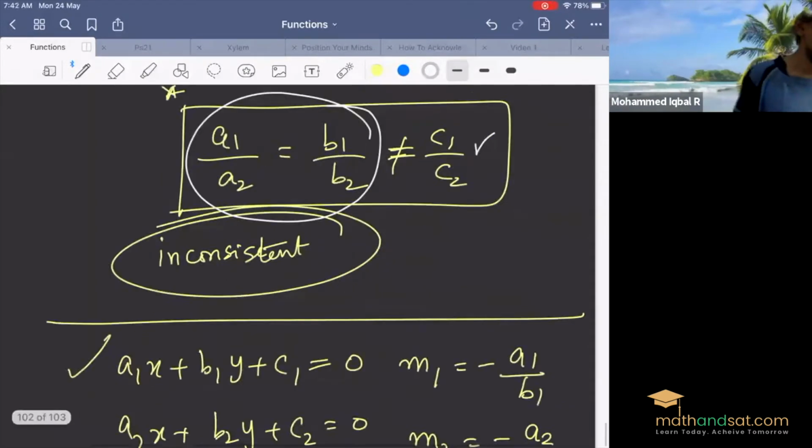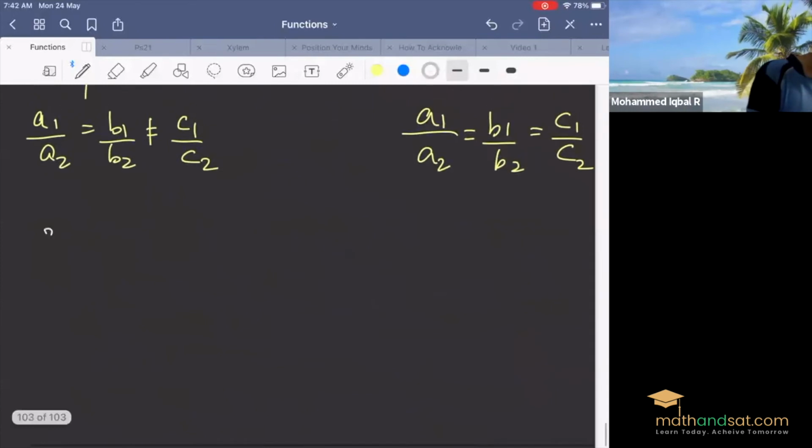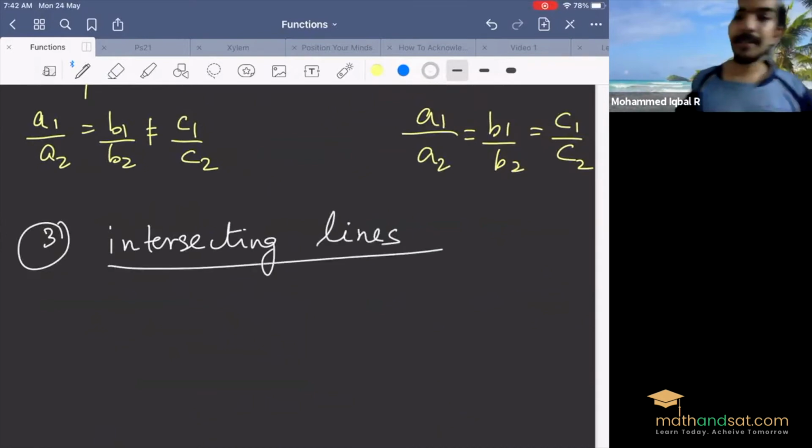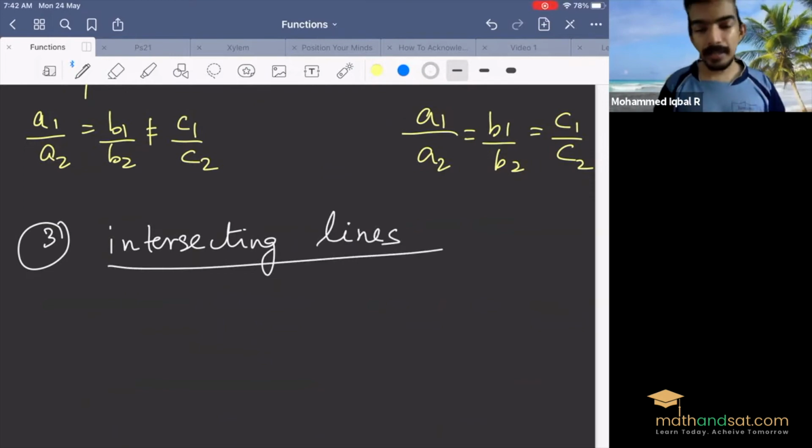Now the third case is intersecting lines. How can two lines intersect? If they're not parallel or coincident, they will be intersecting. Or you can say that if they do not have the same slope, they are bound to intersect at some point, right?